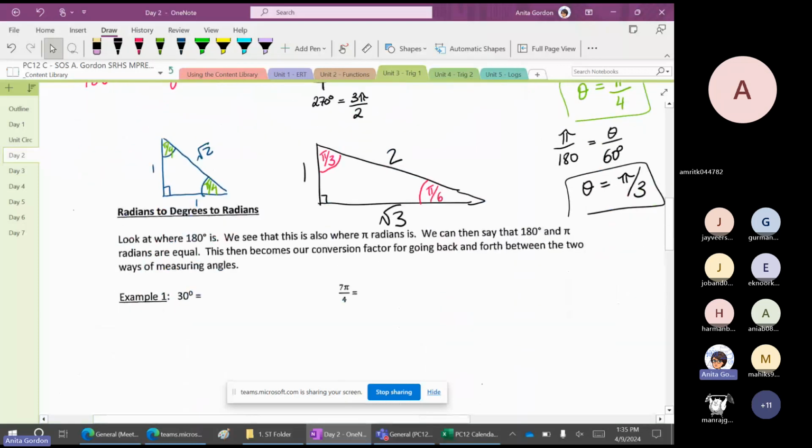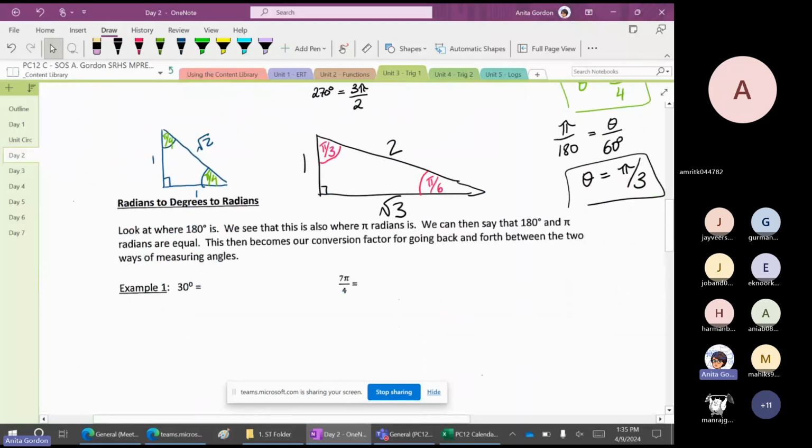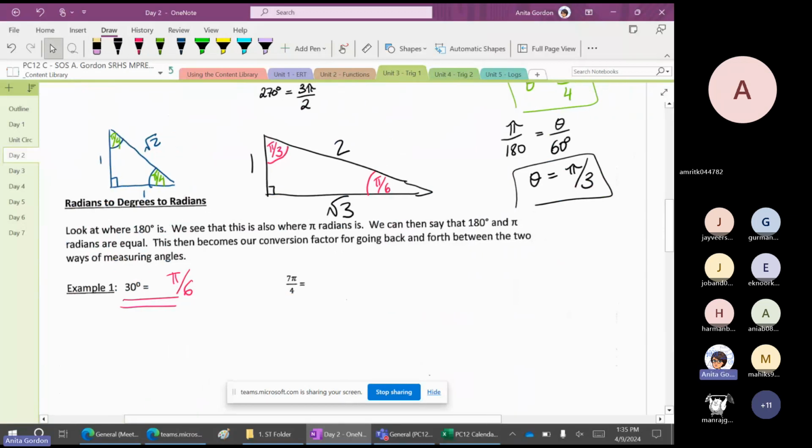Okay, so here is an example of a conversion. We already know that 30 degrees is pi by 6. We just did it up top on our page. Let's go backwards. Here I have radians, and I want degrees.